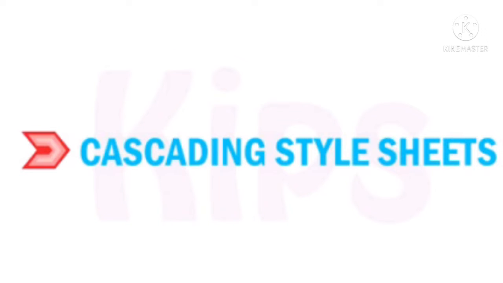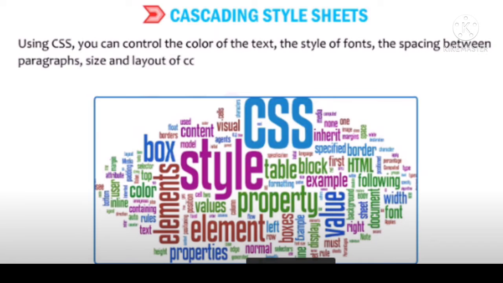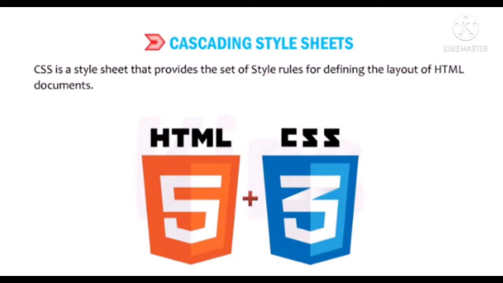CSS, Cascading Style Sheets, plays an important role in web development. It helps us to apply particular styles in our web page. So what is the definition? Yes, it is a style sheet that provides a set of style rules for defining the layout of an HTML document.